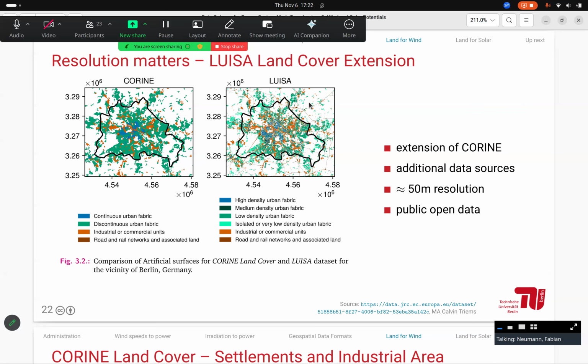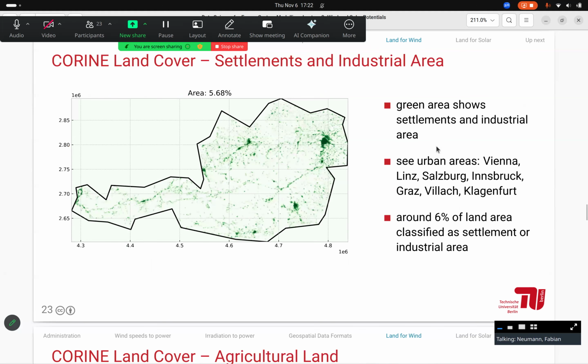So generally, when you have high resolution data sets and you want to create buffers around certain categories of land, you get more excluded area than with a coarser data set. So resolution matters and comes with a computational cost to process, but in few cases will you have continental scale data that is higher resolved than 50 meters.